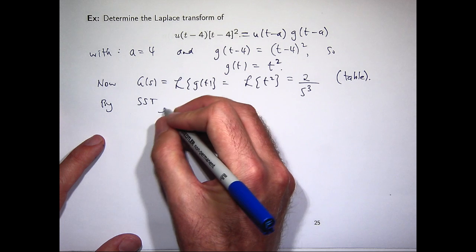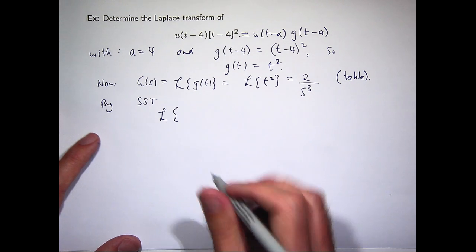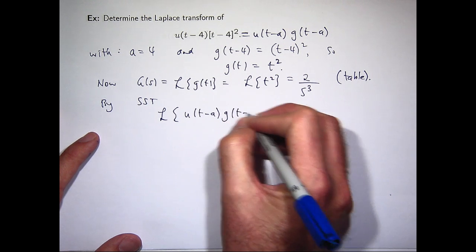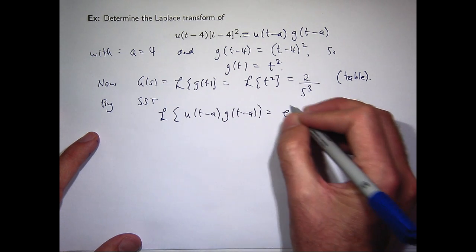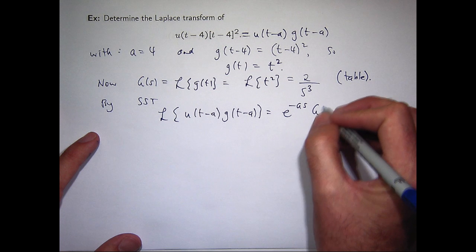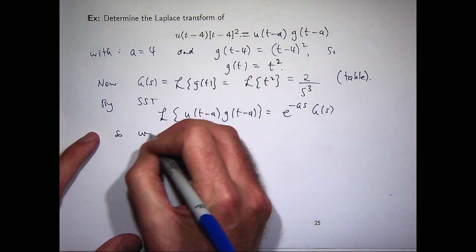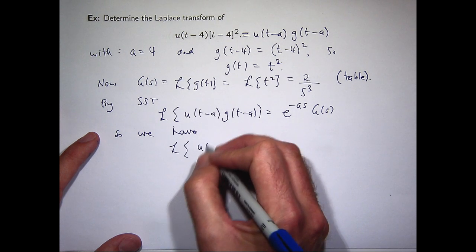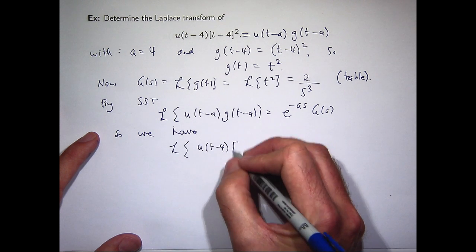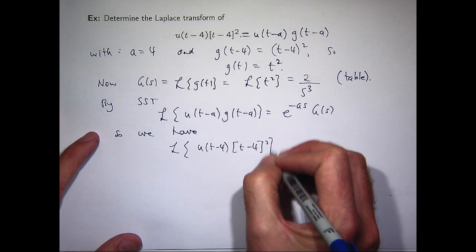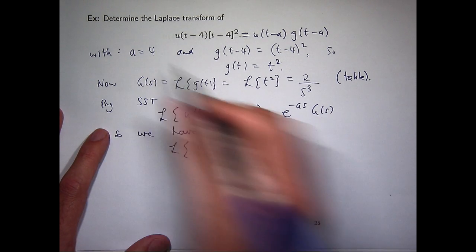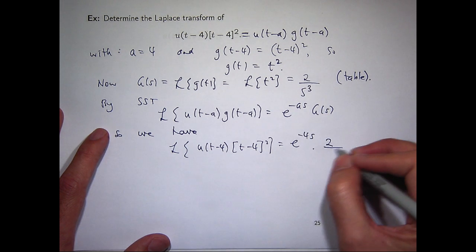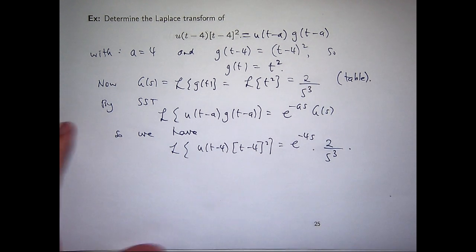By the second shifting theorem, the Laplace transform is just this. So we have e to the minus 4s times 2 on s cubed.